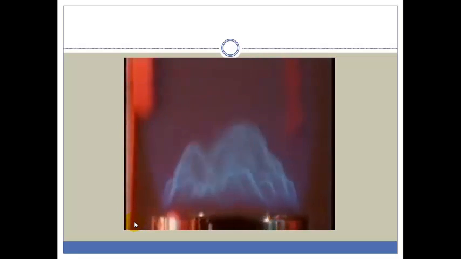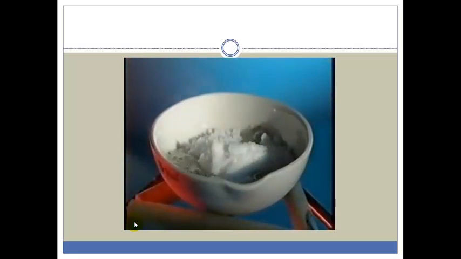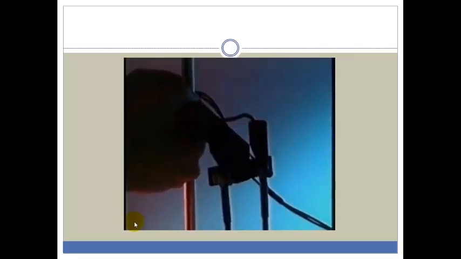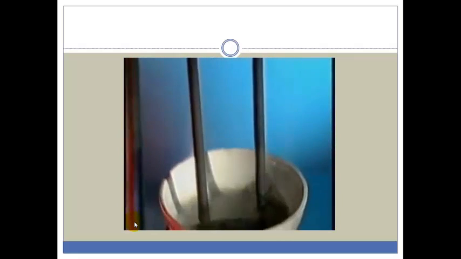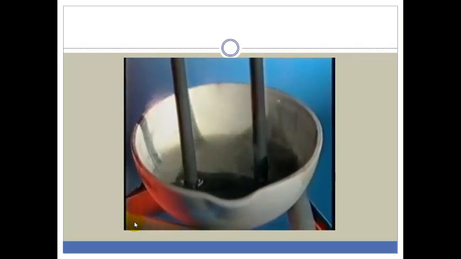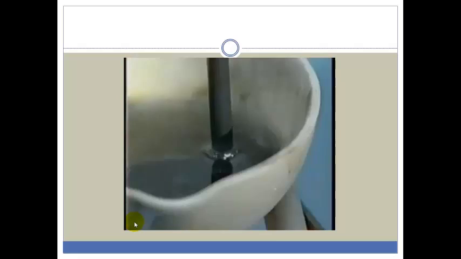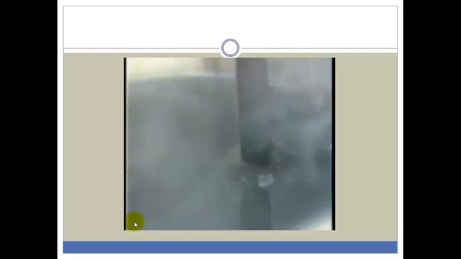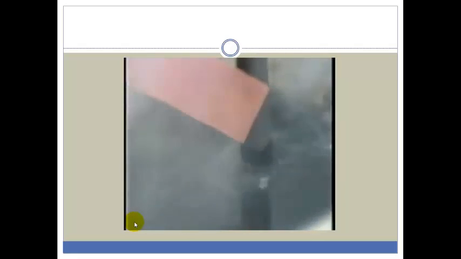What would you expect to see happening when electricity is passed through molten zinc chloride? This time bubbles of a very pale gas appear at the positive electrode. It turns damp blue litmus paper red and bleaches it lighter.